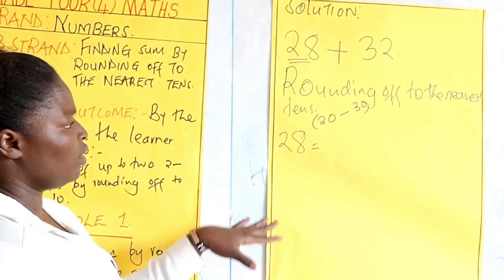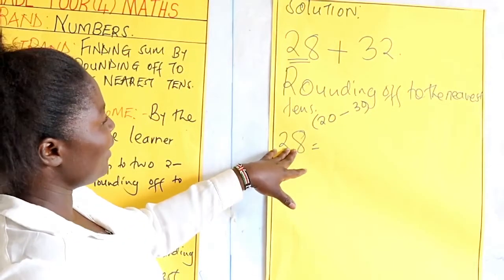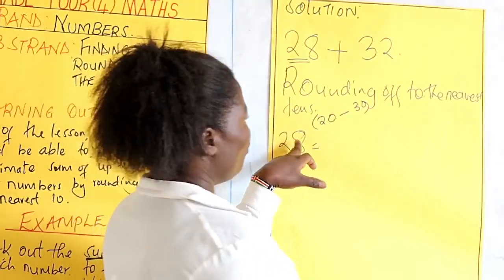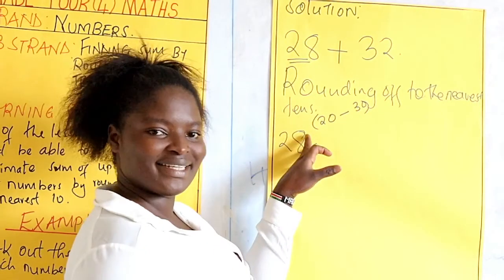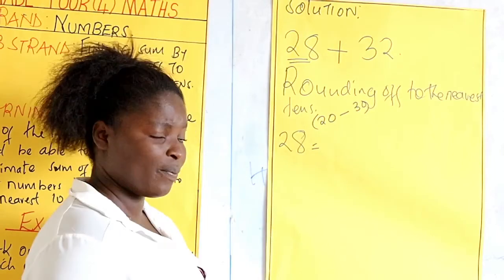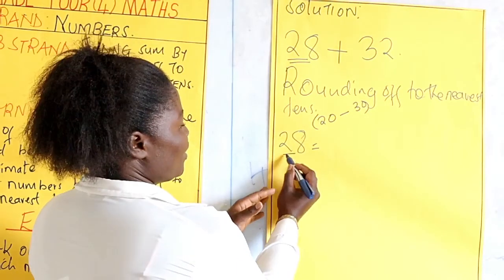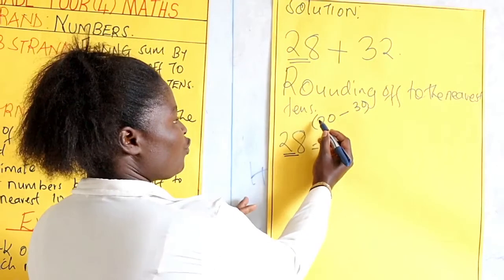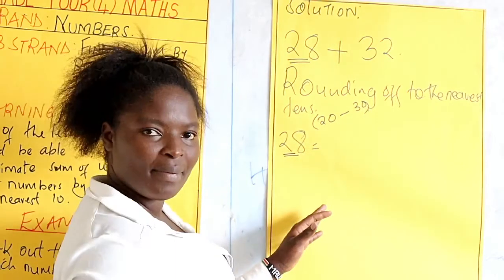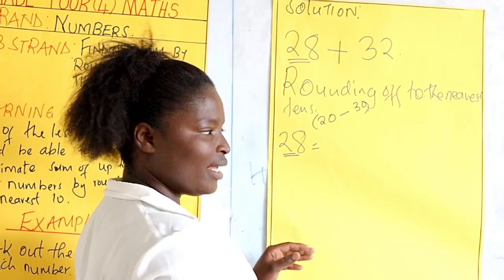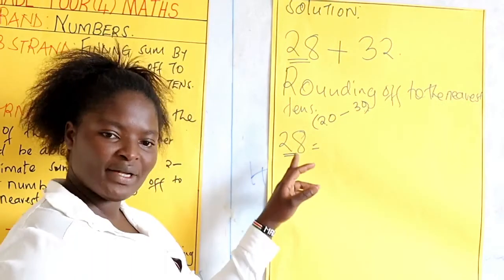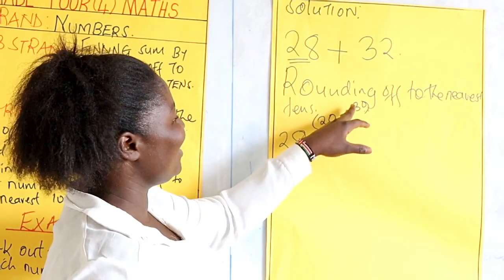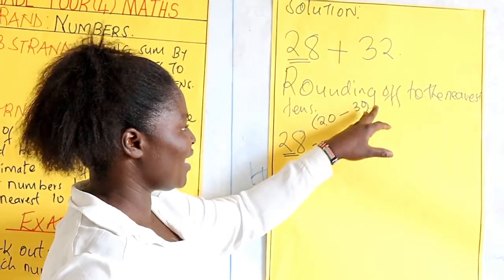Now, to find the answer, we want to round off 28 to the nearest tens. Learners, this number here, 28, is in between two numbers, and these numbers are multiples of 10, 20 and 30.